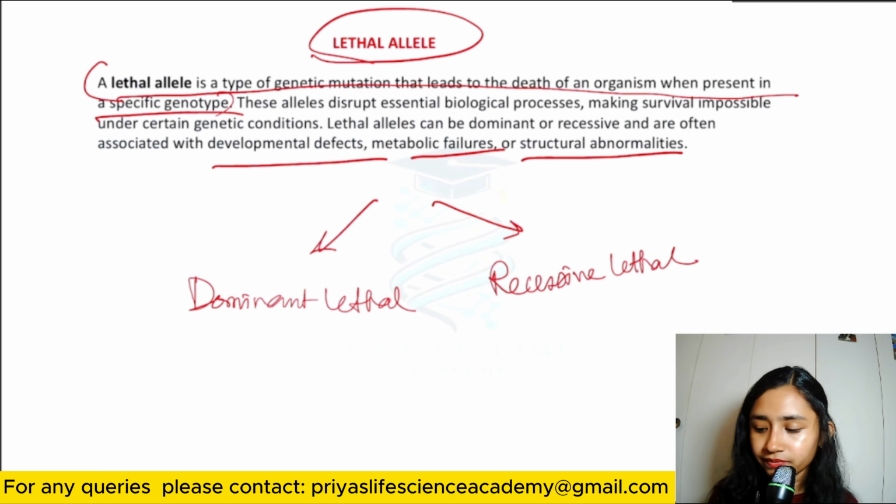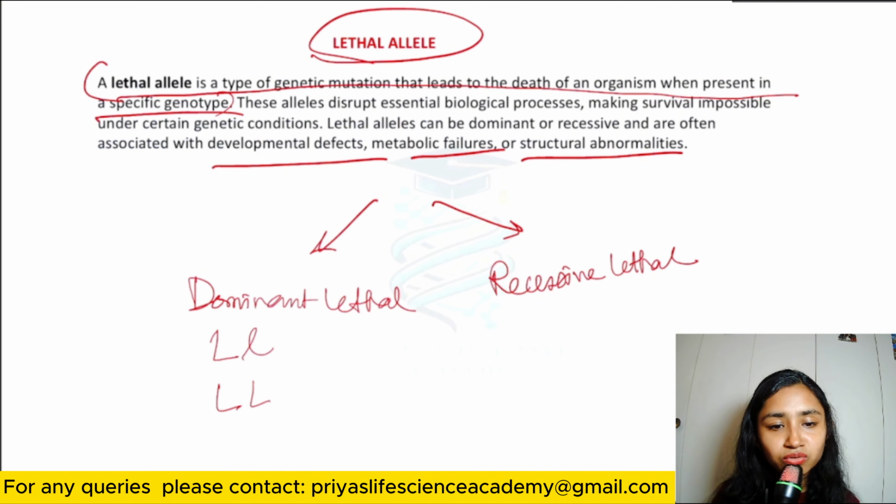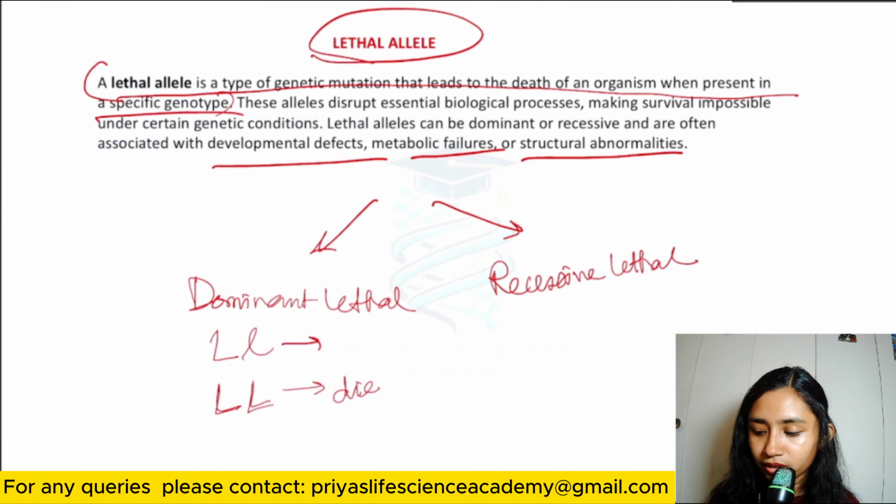Dominant lethal means even in a single dose it can cause death. Okay, you know from the dominant concept that one dose of dominant allele can cause the phenotype. So if two capital A are present, they will die. Also if one dose is present, they will also die because they are lethal alleles. Lethal means death.